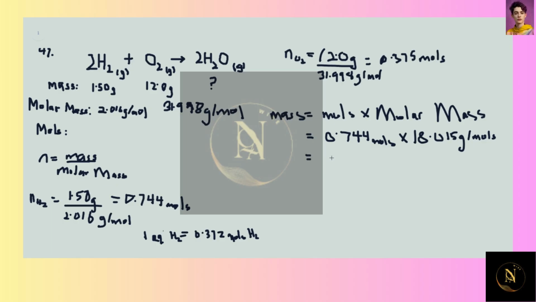That gives us around 13.4 grams of water vapor. So that is our final answer. In this chemical reaction, the amount of water that we get is 13.4 grams.